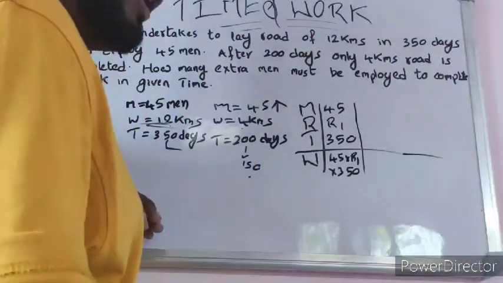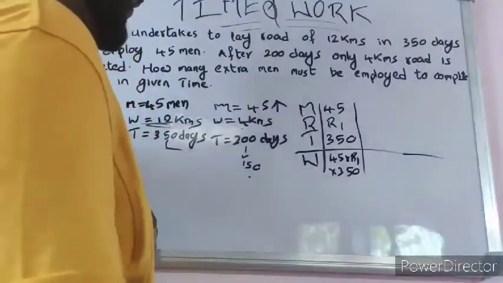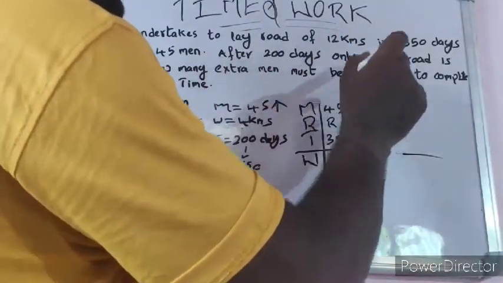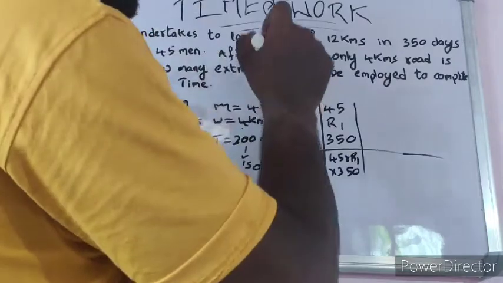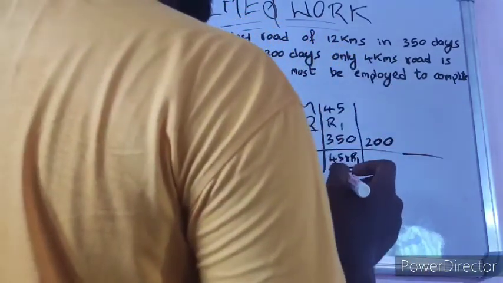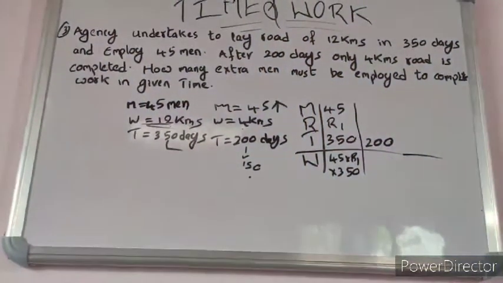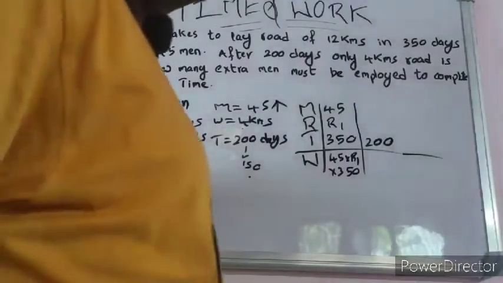Further, what are we given? After 200 days, only 4 kilometers of road is completed. How much road is completed after 200 days? Guys, this is a small change.